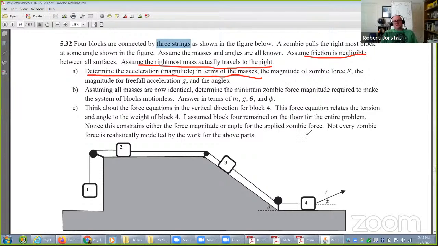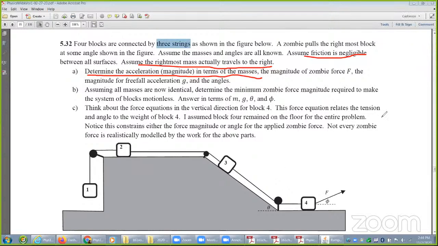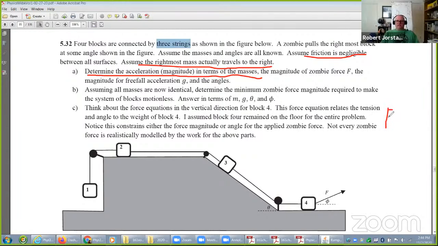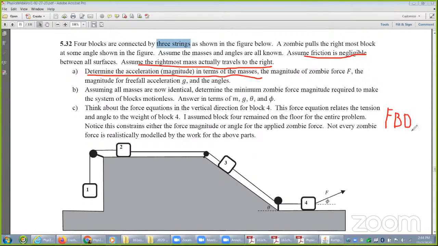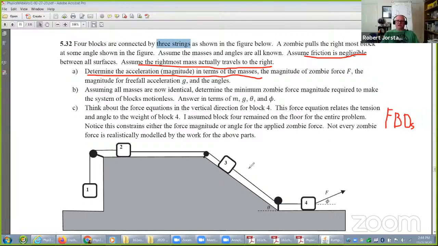Okay, so I don't know, any thoughts, anybody? Where would you start? What are you thinking? Draw all the FBDs. Okay, how many do you think we need? 4. Probably need 4, and why not just do 1 for each block?